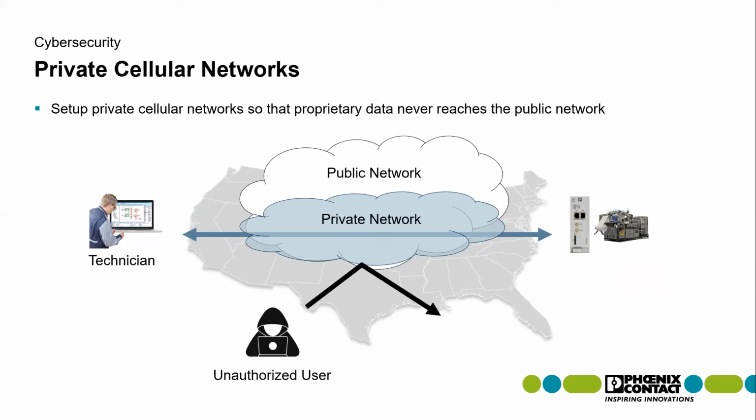You have specific SIM cards that can only talk to other devices on the network. They'll come to your offices and install big routers to enable all of the routing and networking rules, and it makes sure that your traffic never sees the public network. So this is a really good way to make sure that unauthorized users cannot access your information.